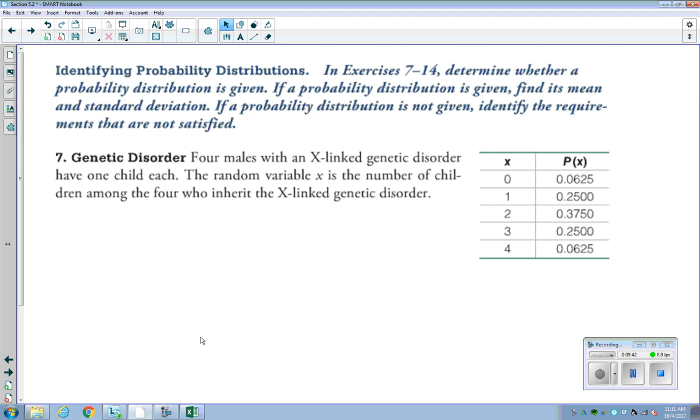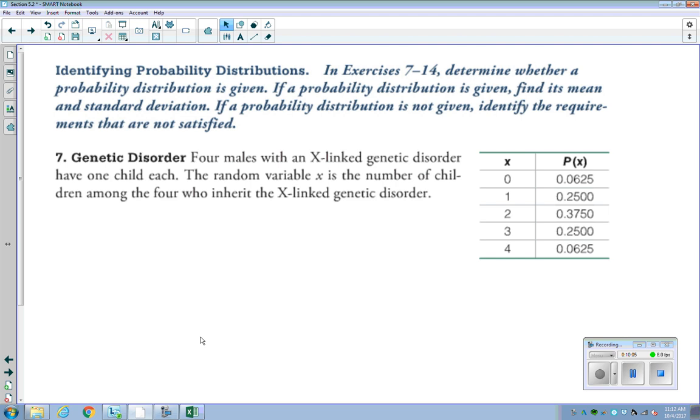Okay, so here we go. Here's identifying the probability distribution. What are the 3 things that we have to check for? 1, whether it's a random variable, which means it has to have something numerical in it, right? So it could be the number of students in the class, the heights of you in the class. So that's our first check.